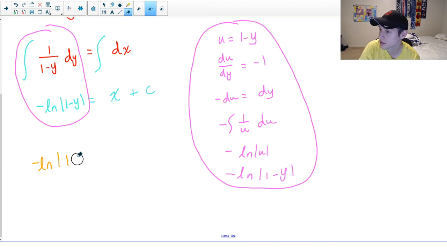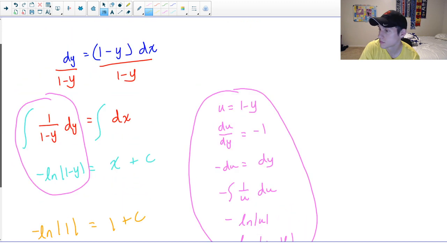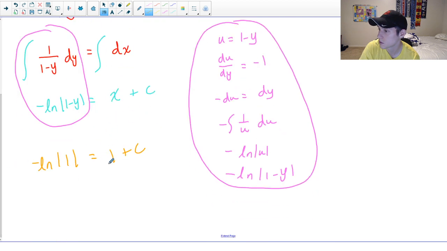So negative natural log of 1 minus 0, great, that's just natural log of 1, equals 1 plus c. If x is 1, y is 0. Okay, let's solve for c. Natural log of 1 is 0, so negative 0 is 0. So I get 0 equals 1 plus c, aka c equals negative 1.